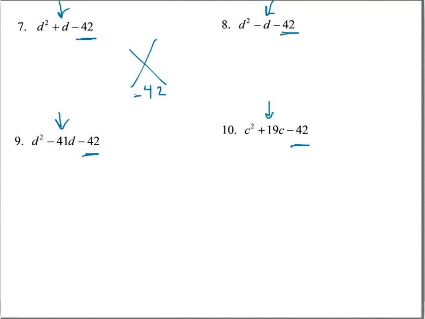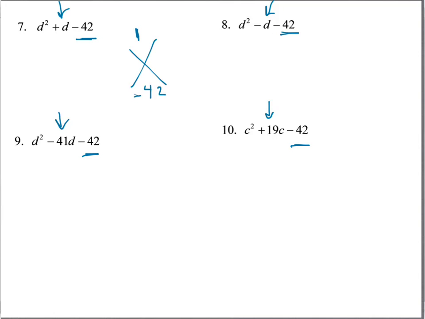And my coefficient of my middle term here is 1. So remember, when the coefficient is not written, it's implied that it's 1. So I'm looking for 2 factors of negative 42 that add to positive 1. They have to be fairly close to each other, and the larger factor of negative 42 has to be positive.